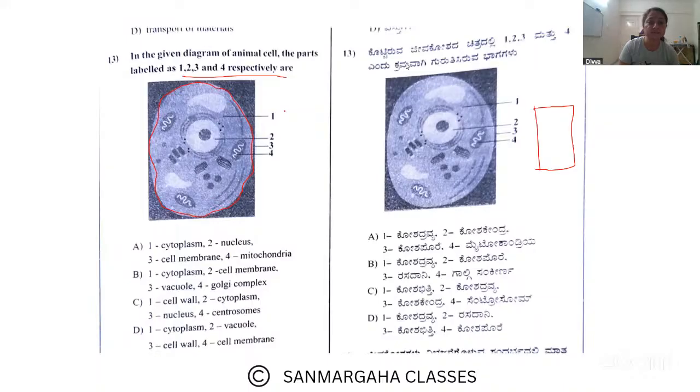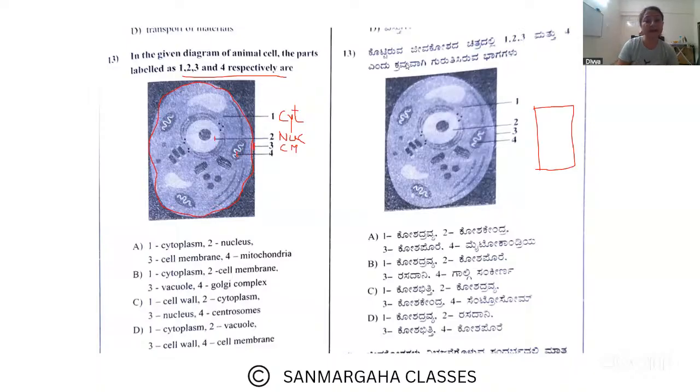So it is nothing but the cytoplasm of the cell. Then the second one is marked exactly at the center, so it is the nucleus. Then the third one is somewhere at the end, pointing to the cell membrane.